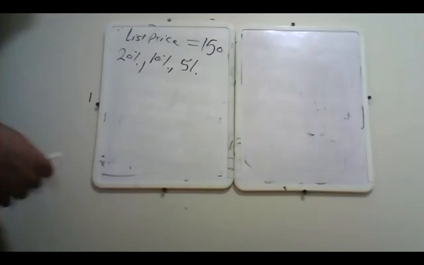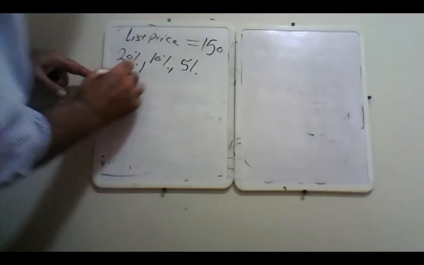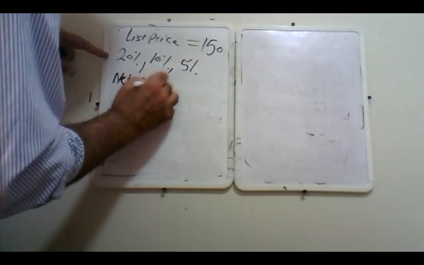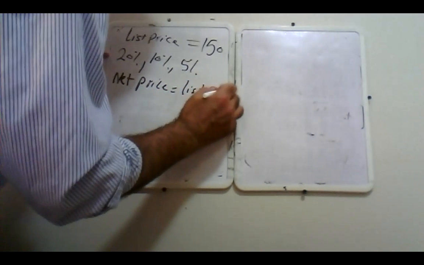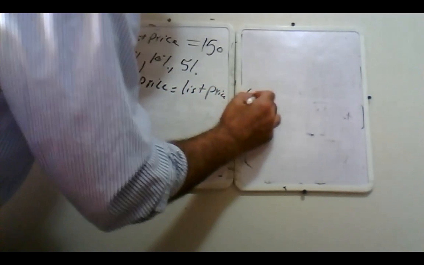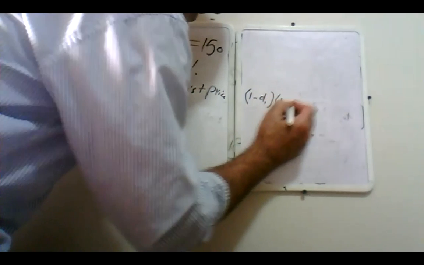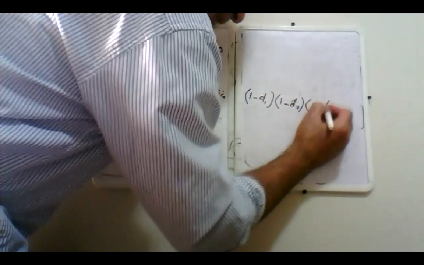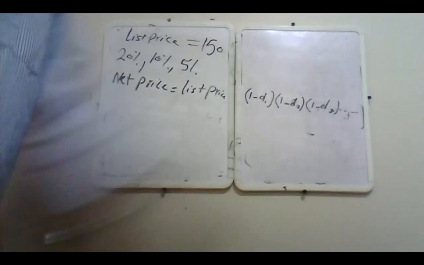So net price for all of them equals the list price times 1 minus discount 1, times 1 minus discount 2, times 1 minus discount 3, etc. If you have many more discounts, it's the same idea.